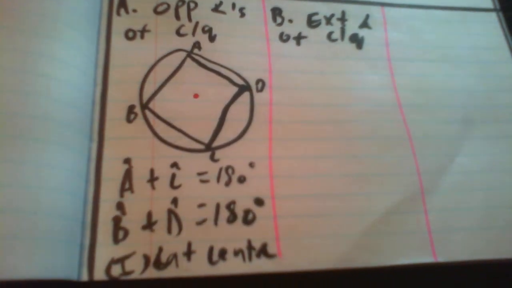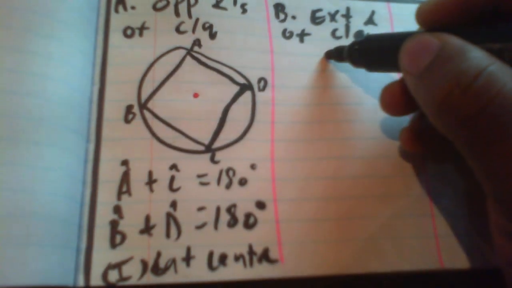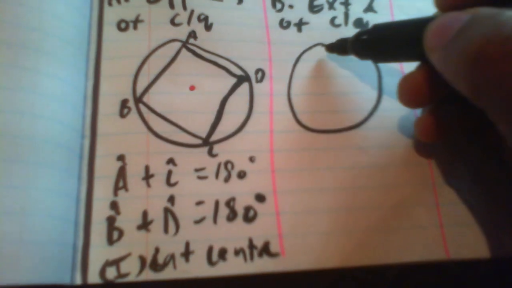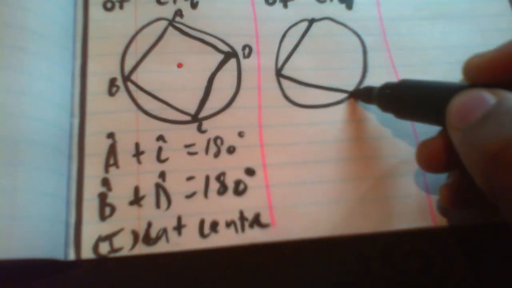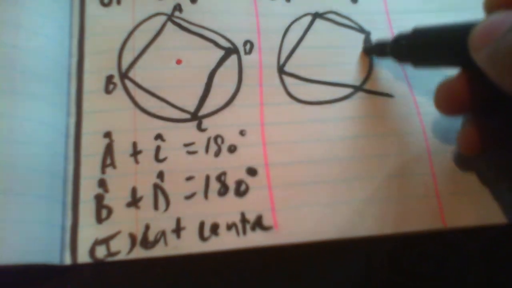So now you have again your circle. I'll just redraw something similar to the previous one.